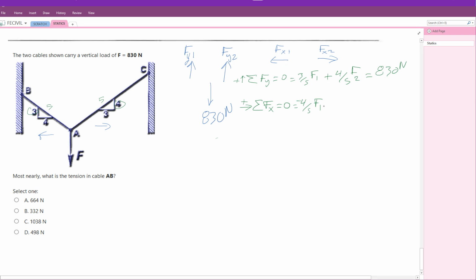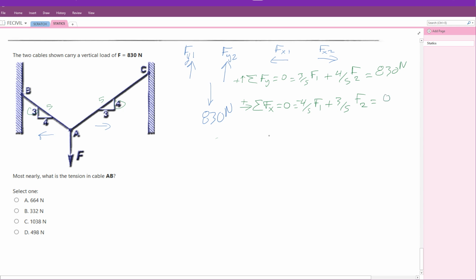It's going to be negative 4/5 F1, plus, since this one is positive, 3/5 F2 is equal to, since we have no other forces in this direction, just 0.